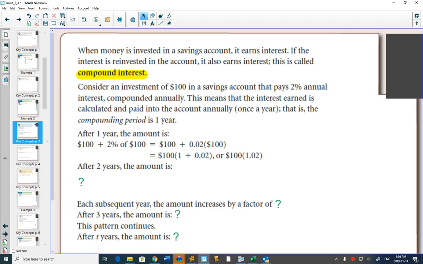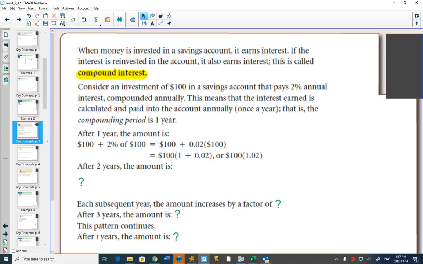But then at the end of the second year, now you not only make 2% on your initial $100 again, but you will also make 2% on that $2. And 2% of $2 is a nice, how much is that? 4 cents.